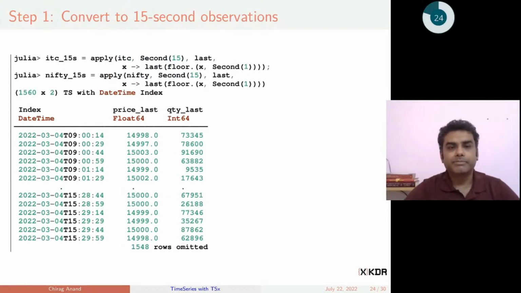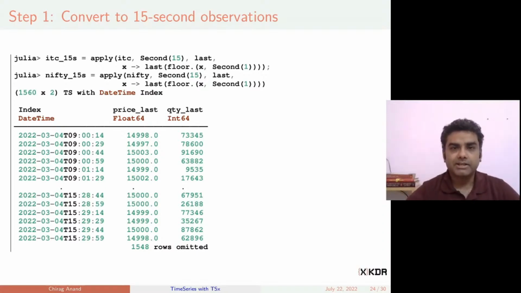Now the first step is to convert them into 15-second observations. For this we again use the apply function, but in the second argument we supply the second, which is a type defined in the dates package, and we supply it with 15 as the parameter, which means every 15 seconds.